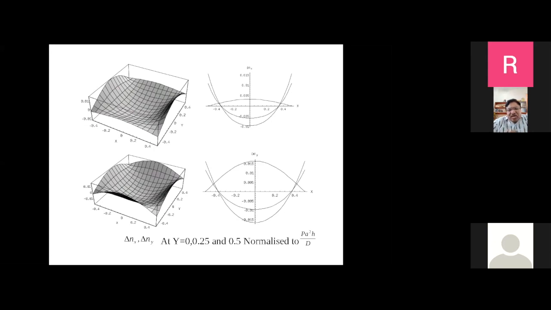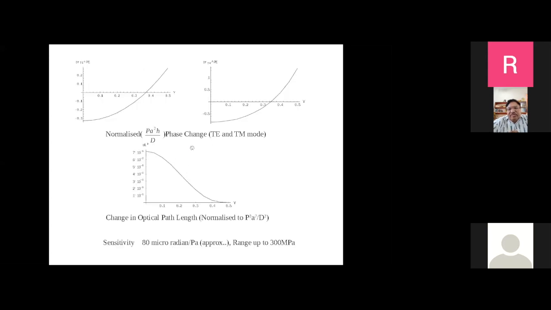So these are all MATLAB plots of the stress variation along different directions and so on. Some of our people have used Mathematica also. So you see how the refractive index changes with respect to pressure, and how the phase changes with respect to pressure. I have shown you this yesterday also.